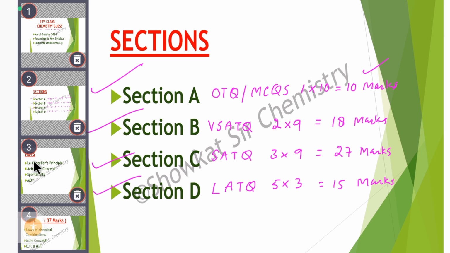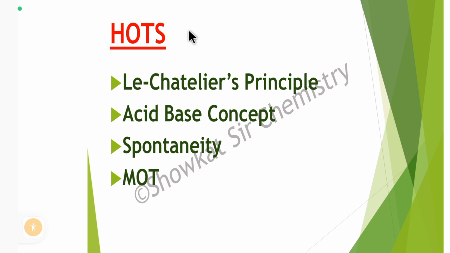Now first of all, you should know that most of you were asking what this HOTS is. Actually, this stands for higher order thinking skills, right? That means some questions will be of higher order thinking skill, such questions in which you have to think and use your mind.